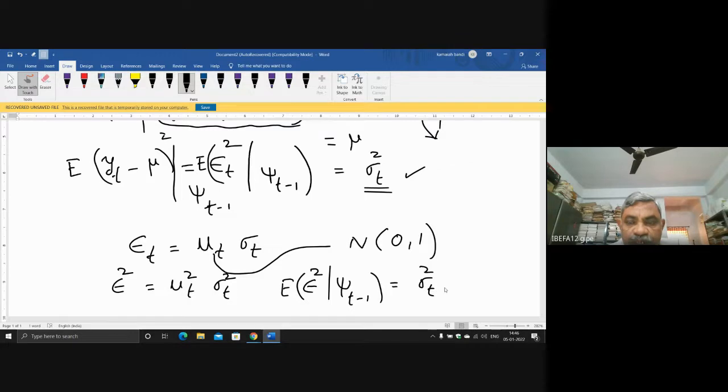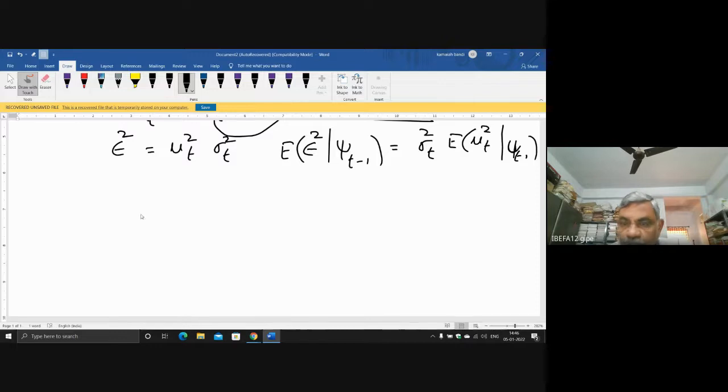Once it is computed, it becomes a non-random variable. And expectation of ut square, again conditional upon the information set, is nothing but unity, that is 1. Why? Because of this assumption.